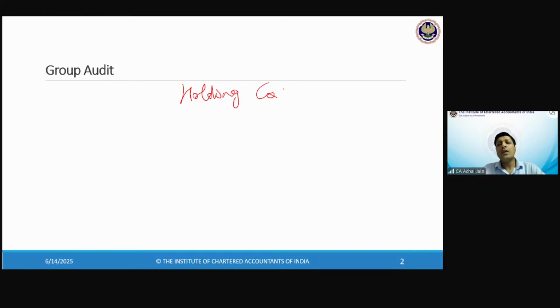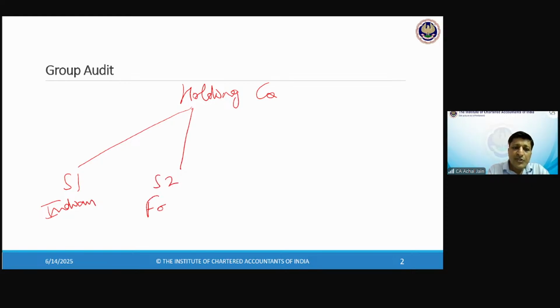Why am I calling this a holding company? Because it brings in a lot of companies within this group. This company may have two subsidiaries. Let's suppose this is S1, an Indian subsidiary, and we may have S2, which is a foreign subsidiary.